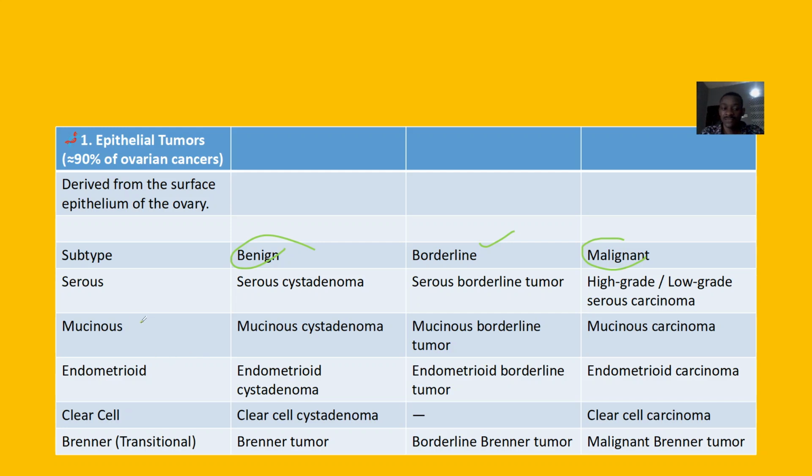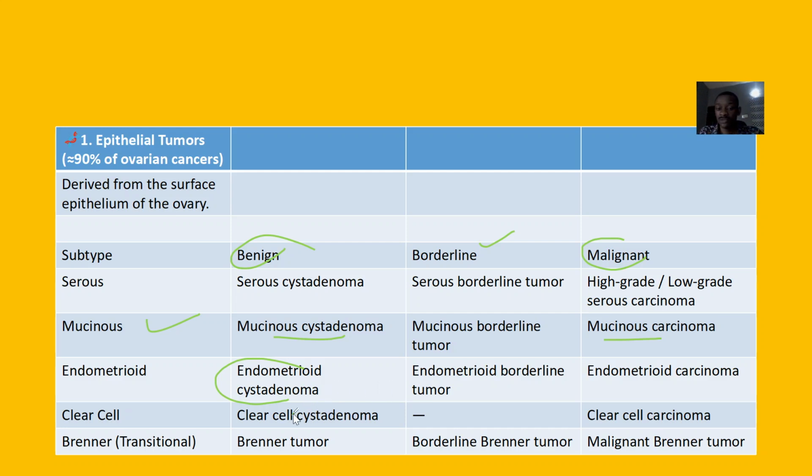Then for the classification Mucinous, if it is benign, we call it Mucinous cystadenoma. If it is in between, we call it Mucinous borderline. Then Mucinous carcinoma. The endometrioid: we have endometrioid cystadenoma, endometrioid borderline, and endometrioid carcinoma.